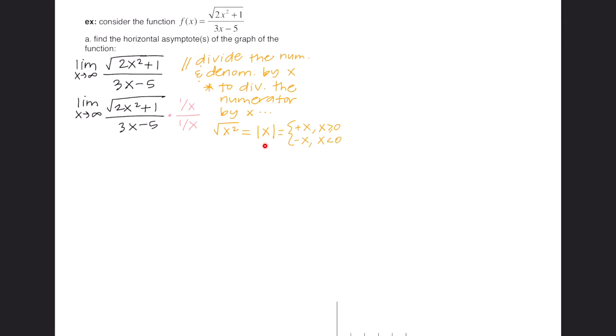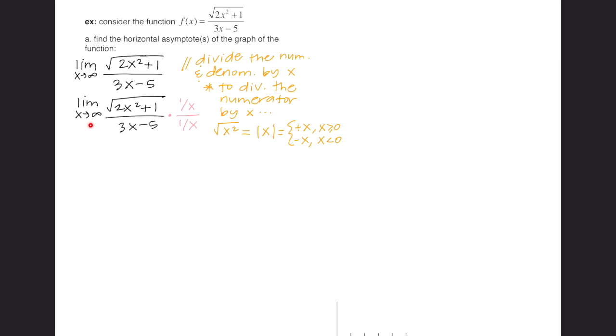The absolute value of x is equal to a positive x when you're going to the right, but the absolute value of x is equal to negative x when you're going to the left. And again, that was because this graph is a V, and to the right, the slope was positive, and the left side of the graph has a negative slope. So it's written as a piecewise.